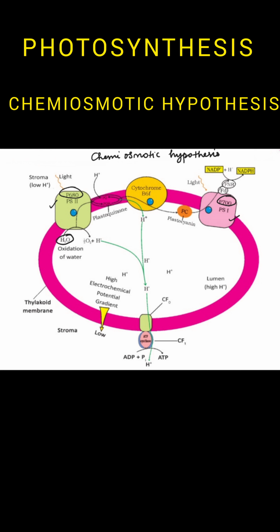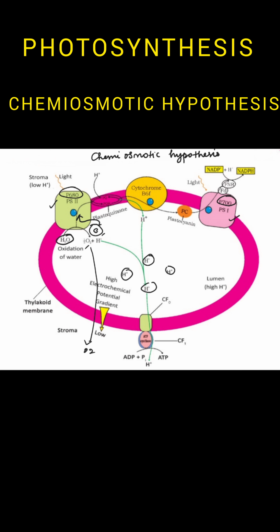The splitting of water molecules generates electrons, protons and oxygen. The protons get accumulated inside the lumen of the thylakoid, whereas the oxygen diffuses out, and the electron will be absorbed by the reaction center, that is one molecule of chlorophyll a of photosystem 2.